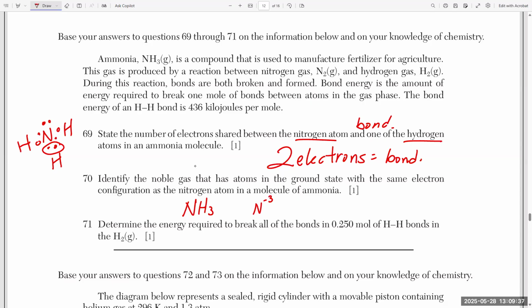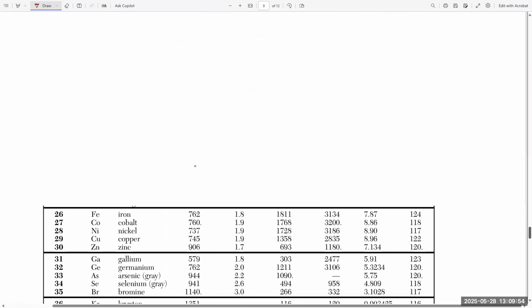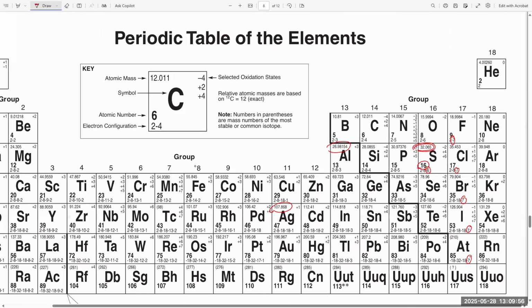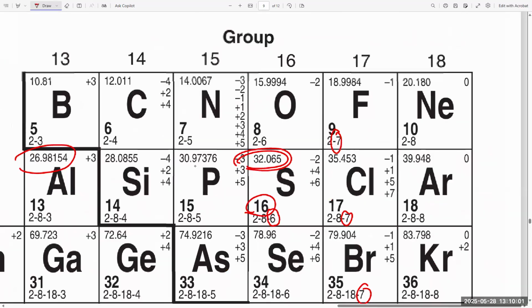How did we get there? This means nitrogen gained 3 electrons. All right, so let's take a look. If you go to the reference table and you go to nitrogen, if nitrogen has 2-5, and if it gains 3 more electrons, what are you going to end up with?